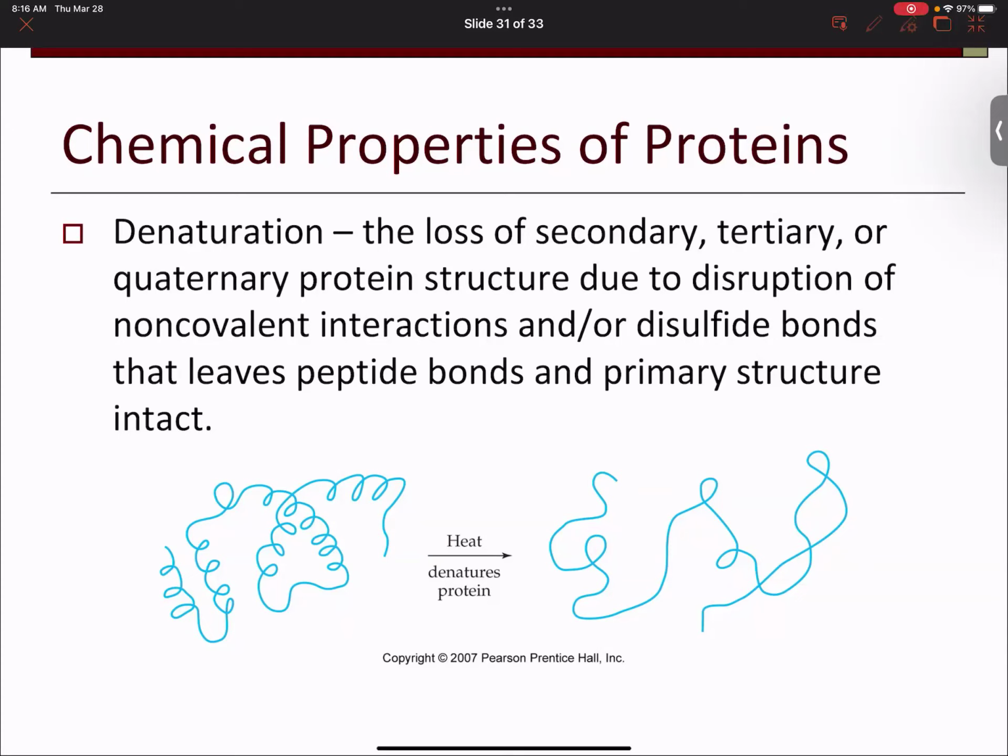Every time you make eggs, that's what you are doing: you are taking the albumin, the protein within the egg, and you are denaturing that protein. Hence the reason the white turns white, is you are denaturing it. So heat is one way to denature a protein.